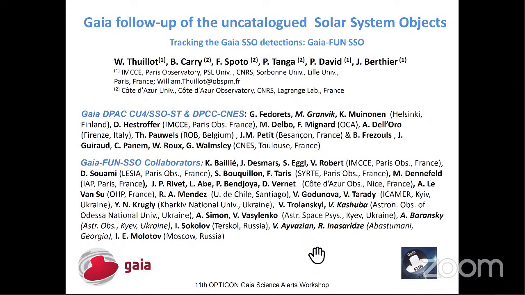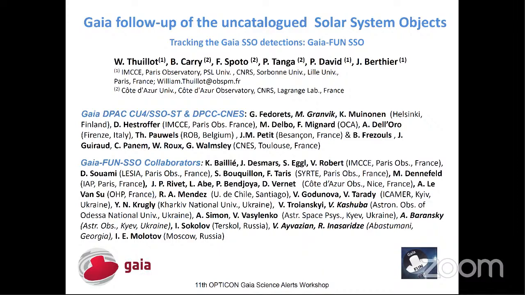Well, I will give information about the activity related to the asteroids, and in particular the potentially new asteroids detected by Gaia. For this activity, we have three groups of persons.